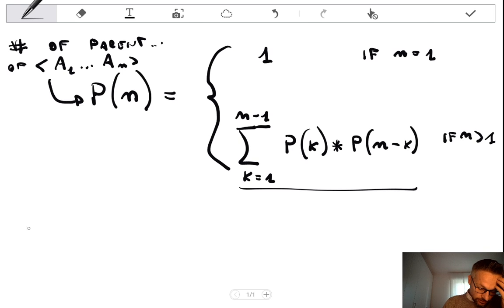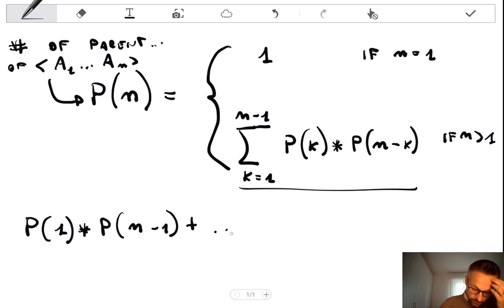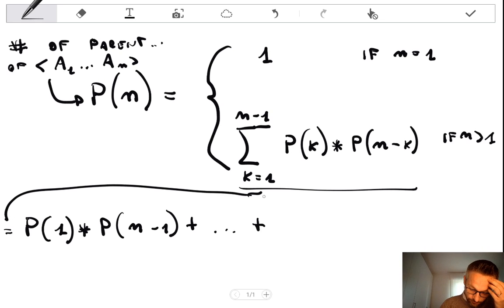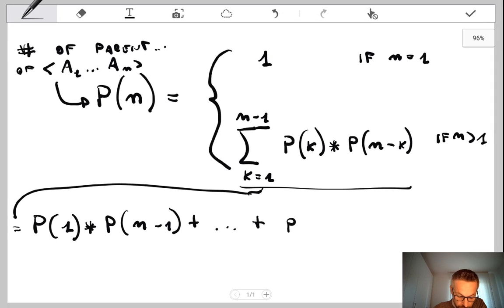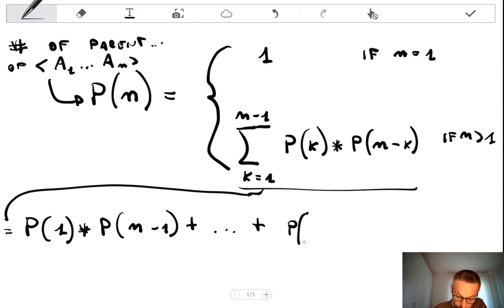I'm basically unrolling this sum, and this is P1 multiplied by P_{n-1}, plus so on and so forth, plus the last term, which will be P_{n-1}, because k reaches n minus 1, multiplied by P1.